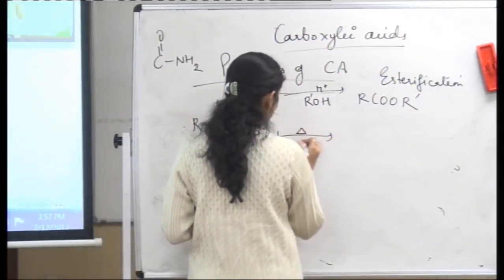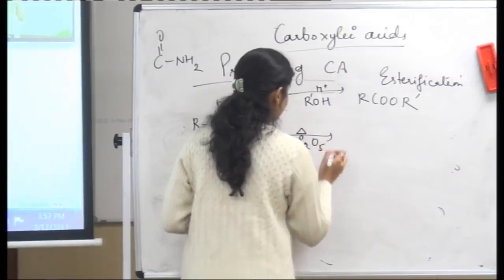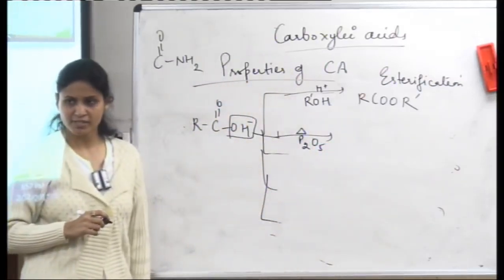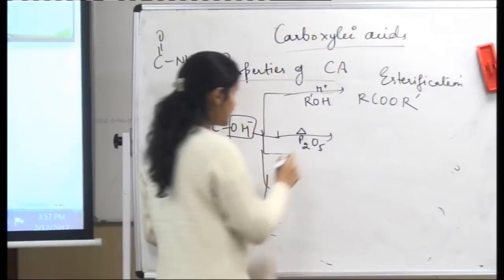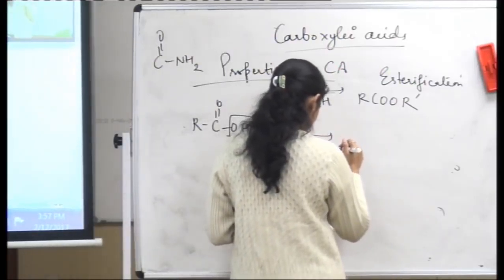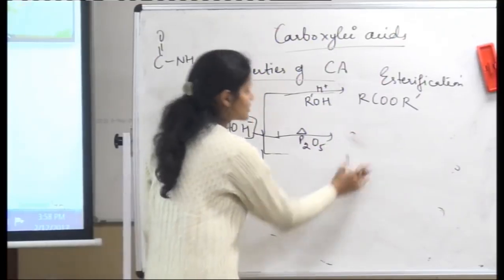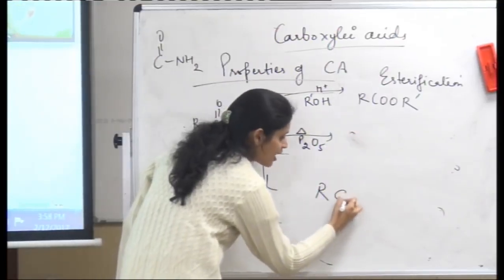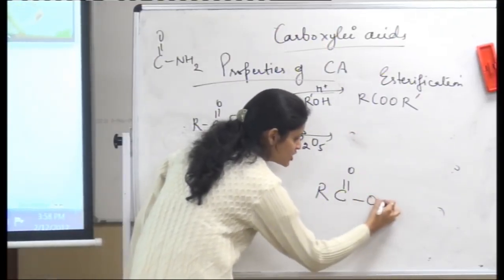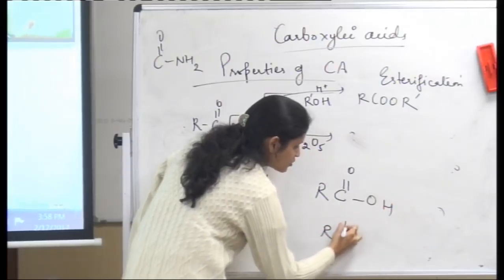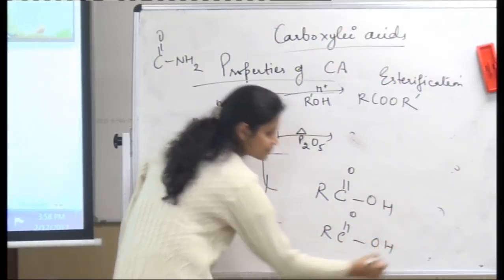What about P2O5? Phosphorus pentaoxide is used as a dehydrating agent. That means suppose I am writing the acid as RCOOH and another RCOOH.